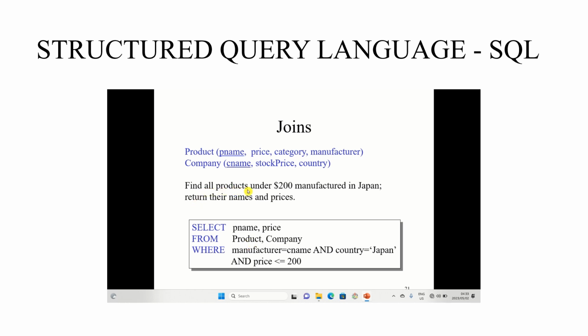So it says find all products under $200 manufactured in Japan. Japan, what is Japan? Japan is a country, isn't it? Country, where does country derive? It derives from company.